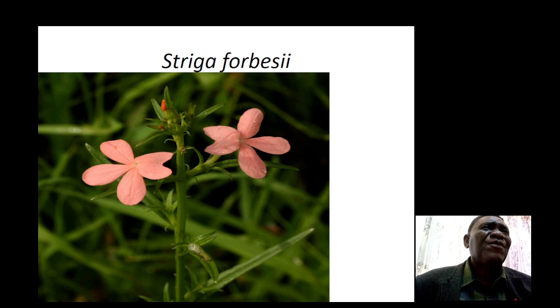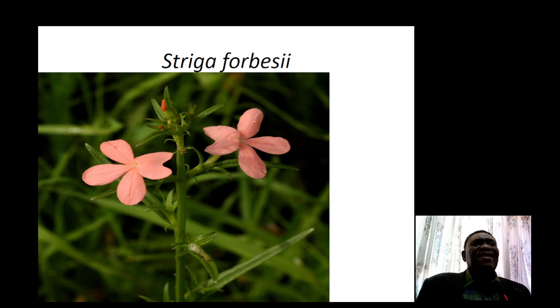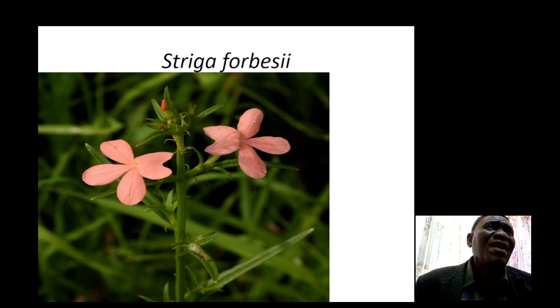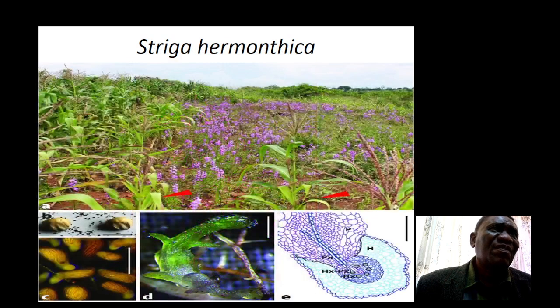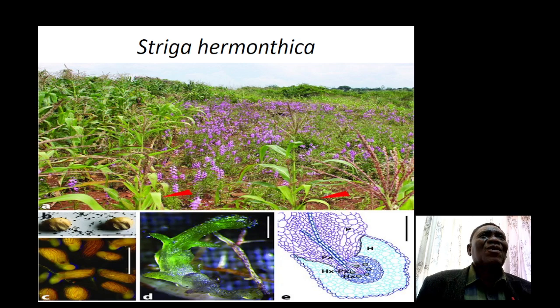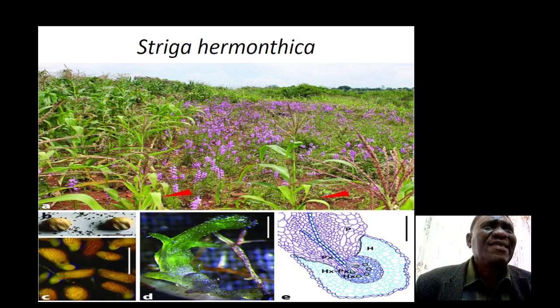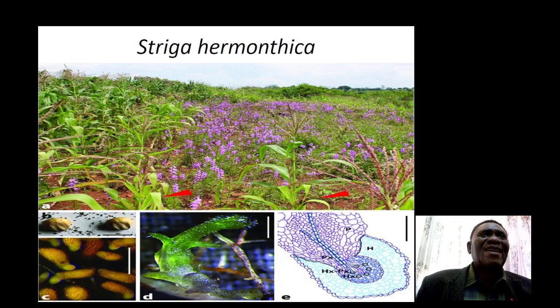This is Striga forbesii, which attacks maize and sorghum on the heavy soils. Striga gesnerioides, which can attack tobacco. This one is Striga hermonthica, which is found in Tanzania, Kenya, as well as West Africa, Nigeria, and the other countries surrounding Nigeria.